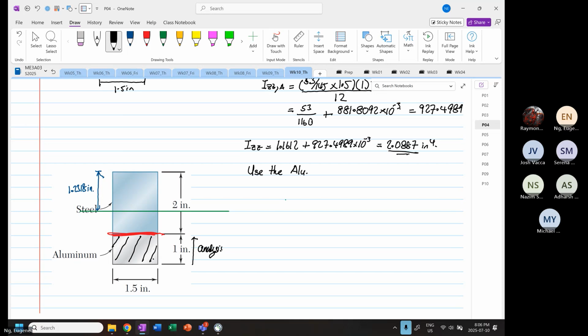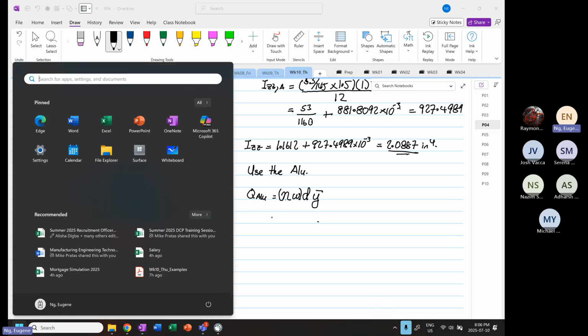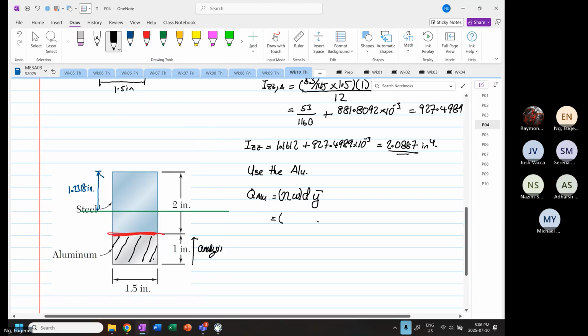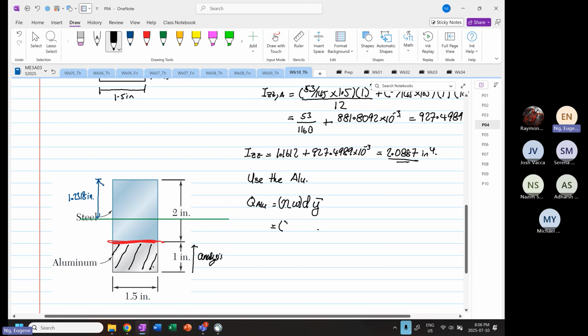So now we will have Q of aluminum is equal to n with depth y bar. As I mentioned to you before, the aluminum or the width is the one that's changing. So the n is 53 over 145 times the width, right?